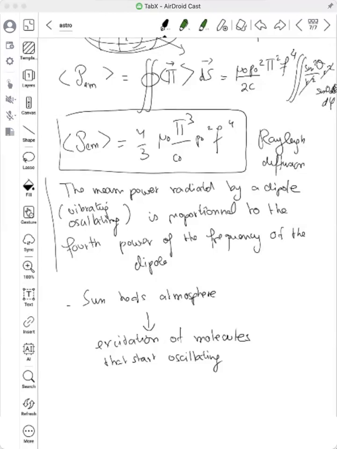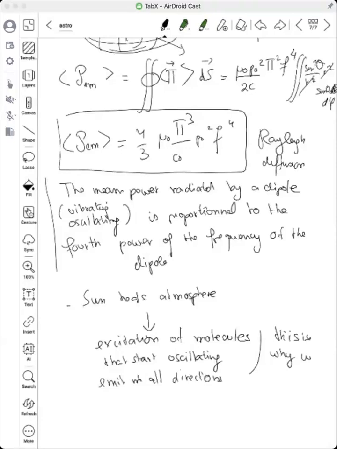This is not the case in space, right? In space, there is dust, but you don't have any atmospheric molecules to excite, and this is why you don't see light from everywhere. So they emit in all directions, well, except in the direction of the dipole, but they are oriented in many directions, so they emit technically in all directions.